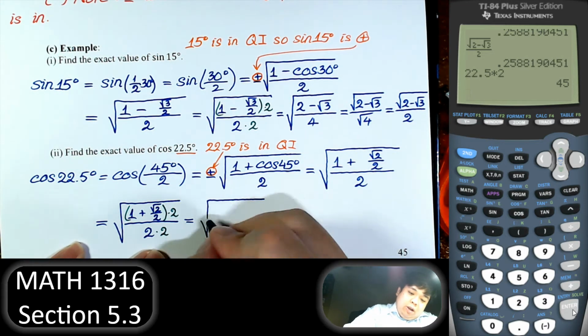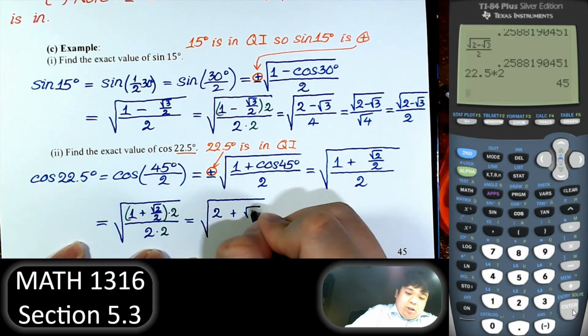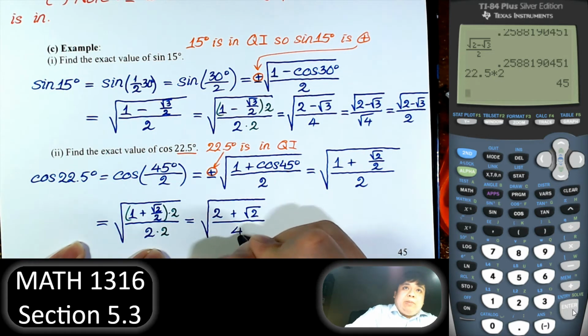So we have 2 plus square root of 2 over 2 times 2, the 2s cancel out, and we just have the square root of 2 over 4.